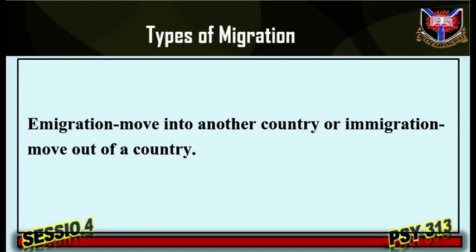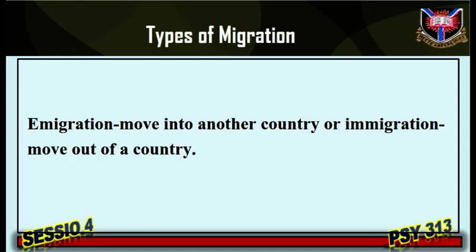Types of migration. Introduction. Human beings have been noted to move from one part of the globe to the other, or within the same geographical location, e.g., within a country, either to return after some time or never to return again in some cases. This type of movement, common among man for the purpose of meeting certain objectives, is known as migration.